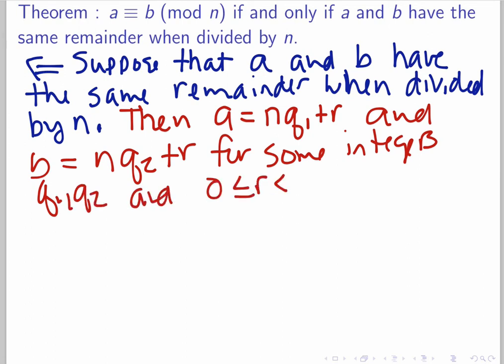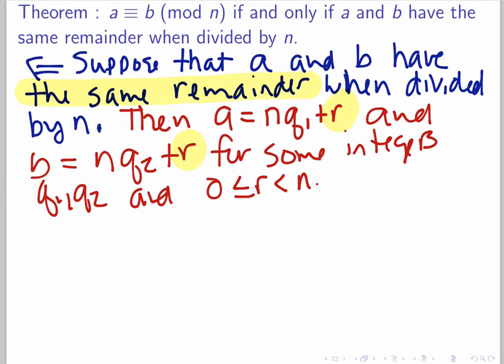So r has to be between 0 and n. It could be 0, but it has to be less than n. Notice that I used the same letter for the first remainder as for the second, because we supposed that A and B have the same remainder. But I had to choose different letters for the quotients because they don't necessarily have the same quotient. They just have the same remainder.